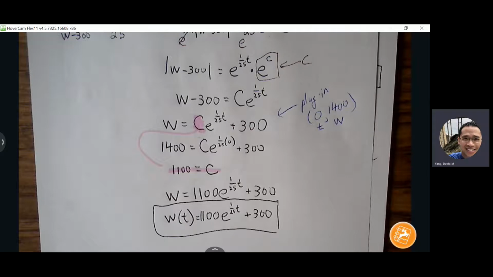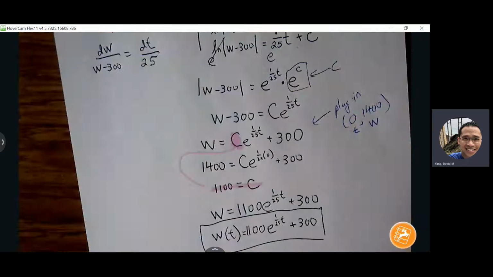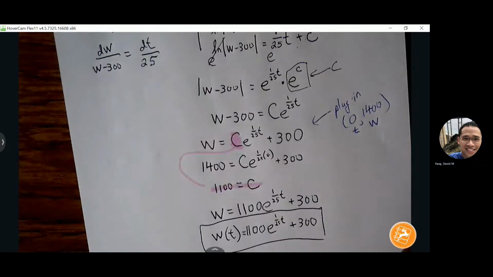Okay, any questions here? Okay, if you guys can turn to page 14, very similar problem, very similar steps. So I'd like for you guys to see if you can go through page 14 and see if you're able to line up those steps similar to what we just did.